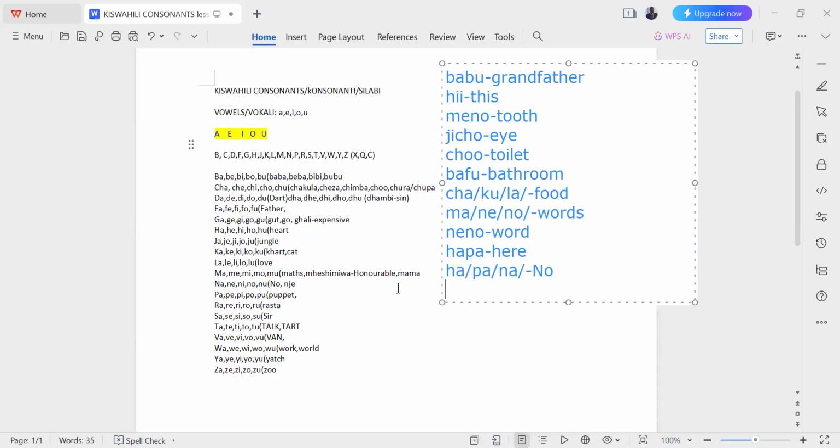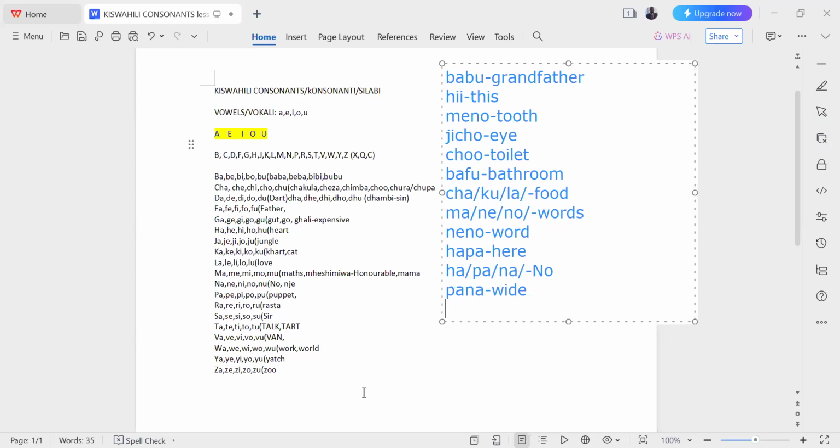Hapana. But there's also the word, you can pick the word pa and na. Pana, which means wide, a wide place or a large place. So can you have a wide street? What would street be? Or road?